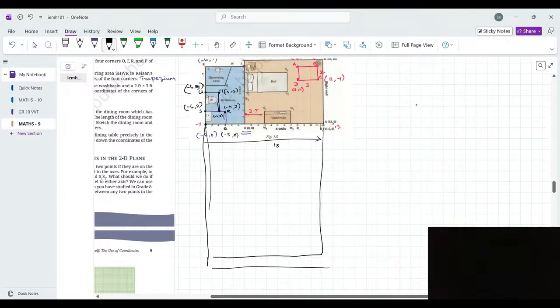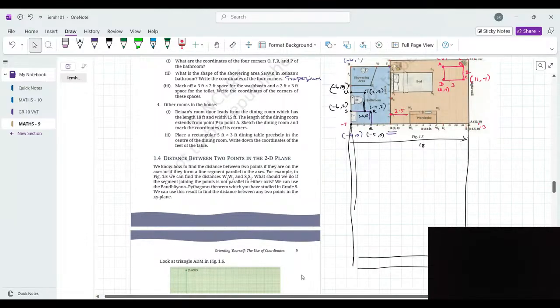If the length is going to be 18 and breadth is going to be 15, then 5 feet and 3 feet can be placed here. Imagine this is 18 and this is going to be 15.